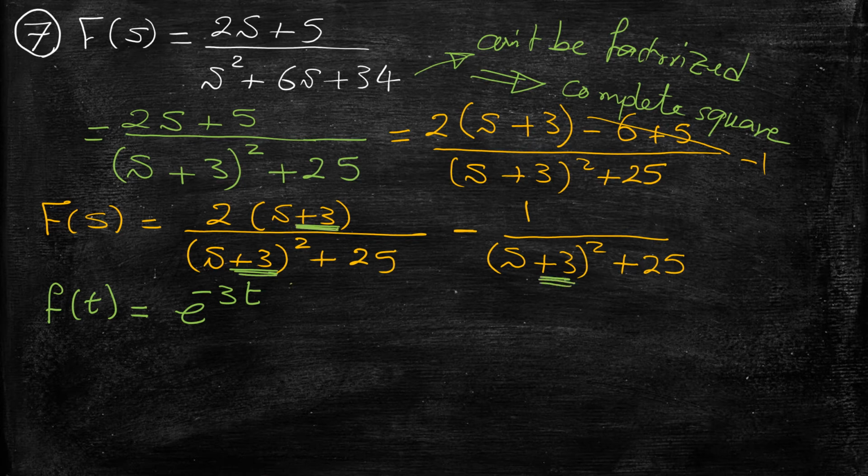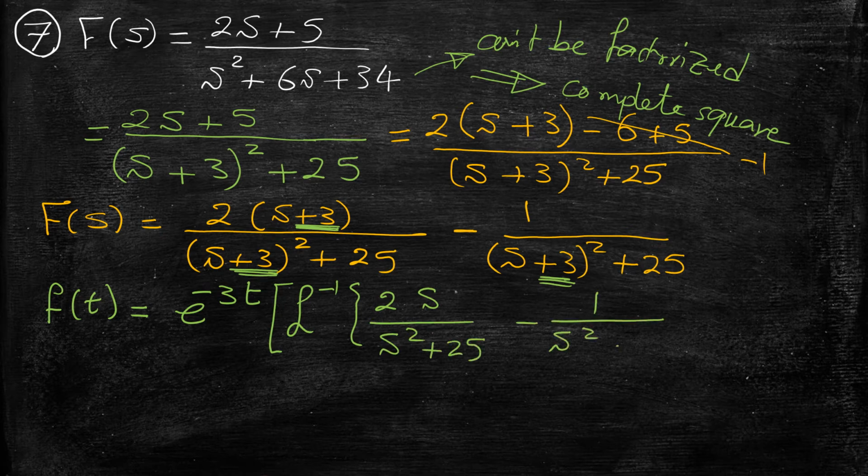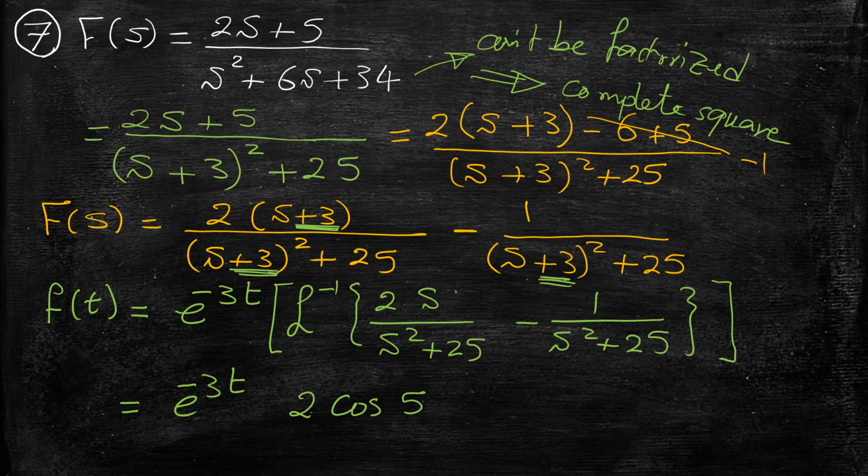So after removing these ones, we will end up with Laplace inverse of the new function, which is s over s² + 25 minus 1 over s² + 25. And then both of them are already well known from the table. The first term is cosine of the square root of this 25, which is 5, so cosine 5t.